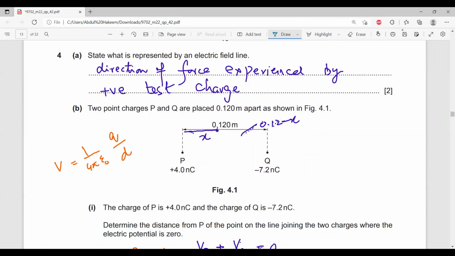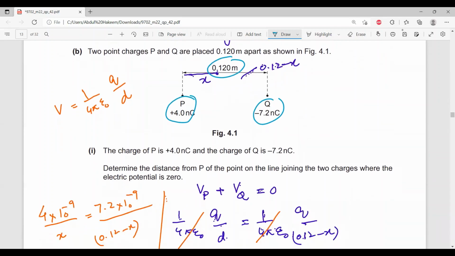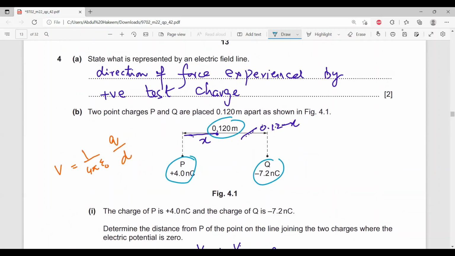Now, two point charges P and Q are placed 0.120 meter apart as shown. Look, this is P, this is Q. The charge of P is plus 4 nanocoulomb and the charge of Q is minus 7.2 nanocoulomb. Determine the distance from P of the point on the line joining the two charges where electric potential is 0. Suppose this is the point, and its distance is x.